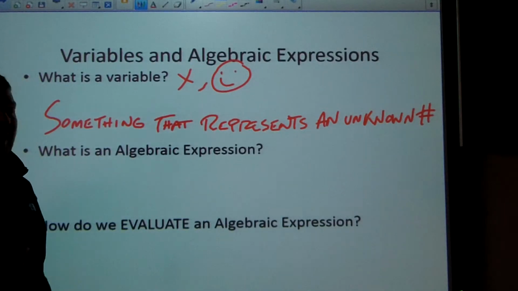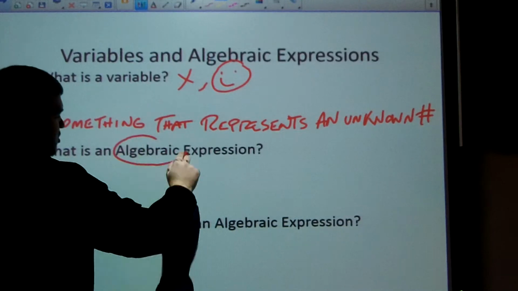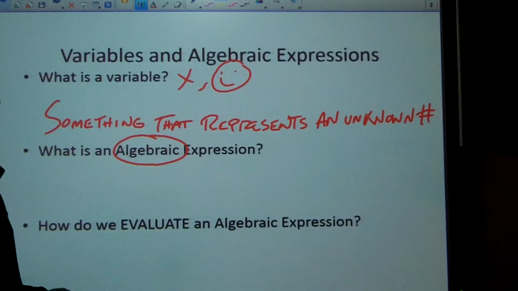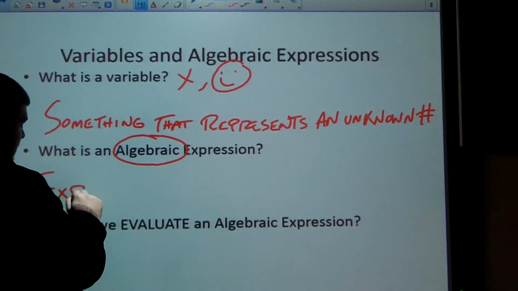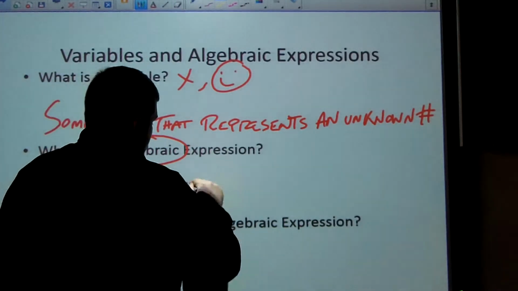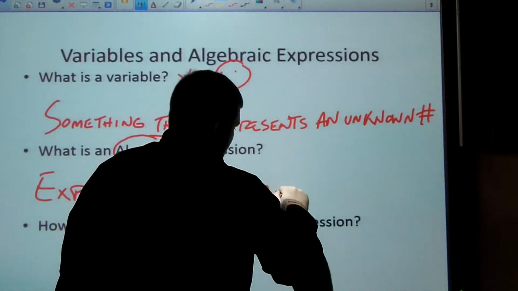Okay? What's an algebraic expression? Here we already know expression means no equals. The algebraic just means, hey, we have numbers and variables. So it's an expression that has numbers and variables.